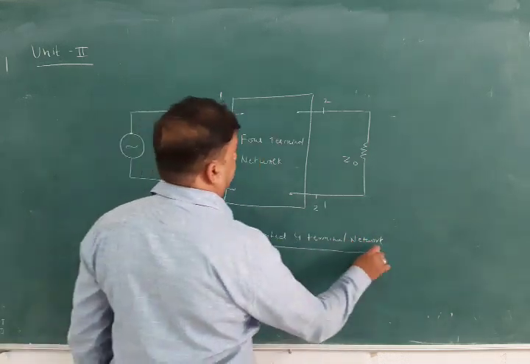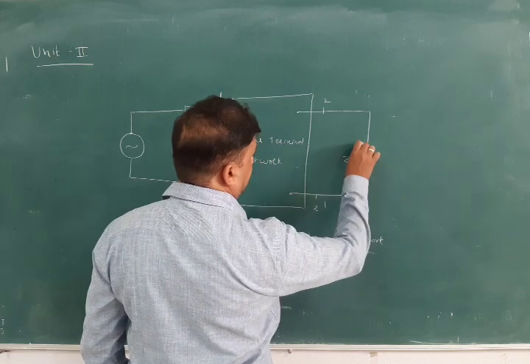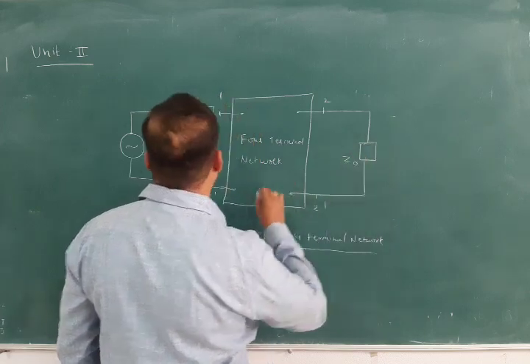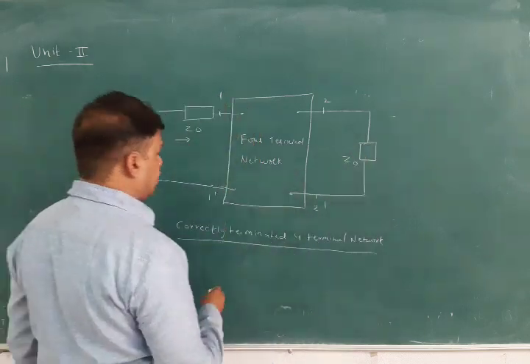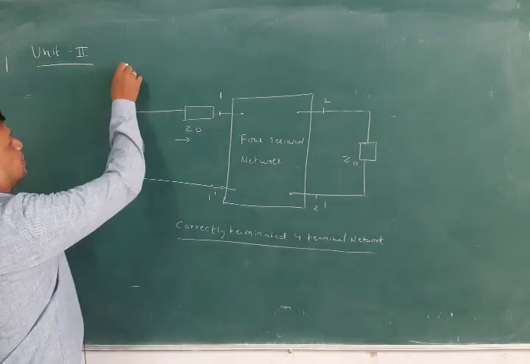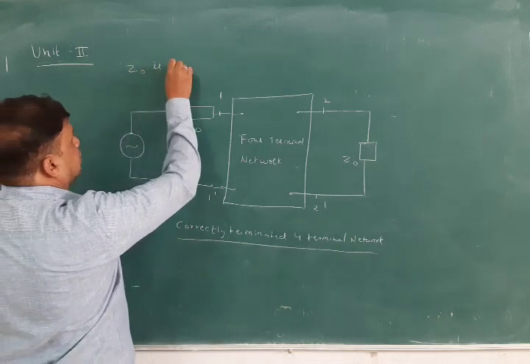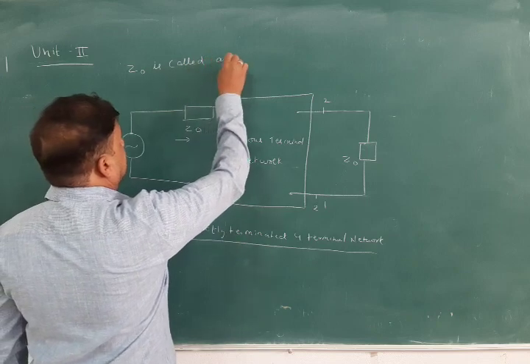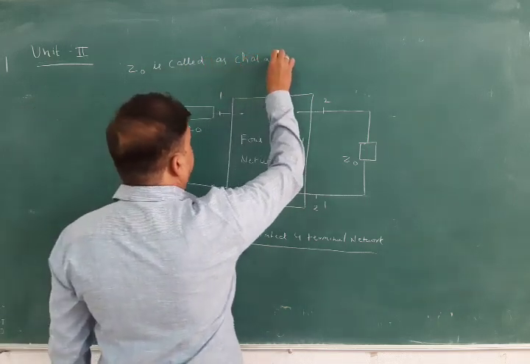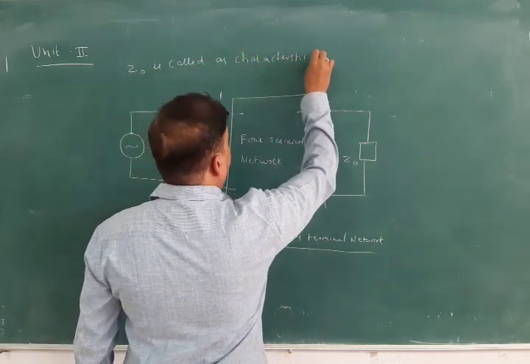Here we can write the Z0 as a resistor, or you can write like this also, no problem. So this Z0 is called the characteristic impedance.